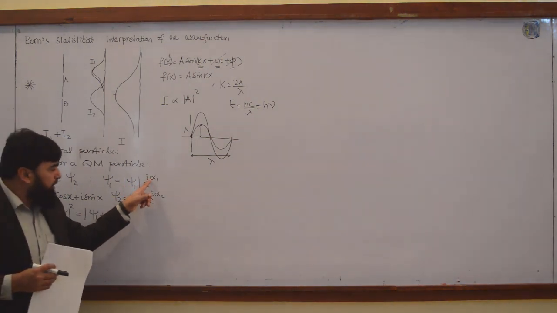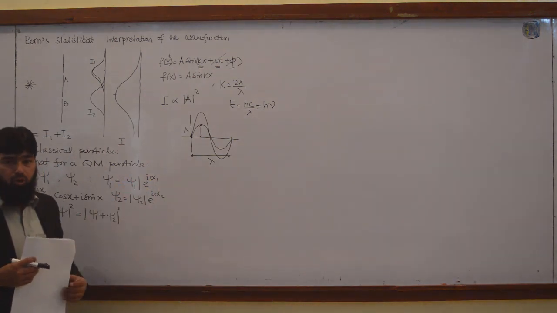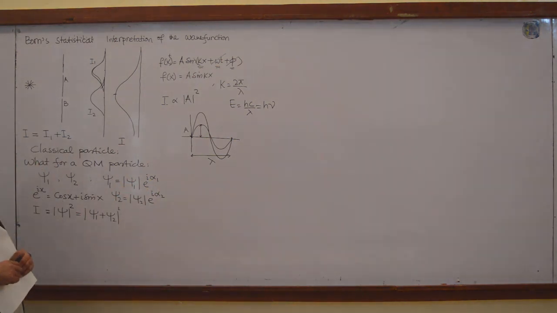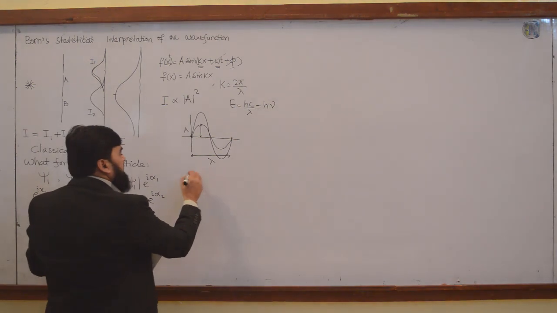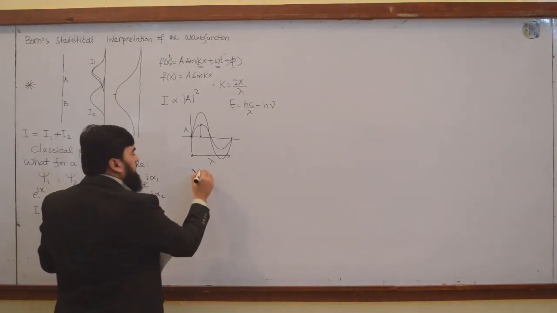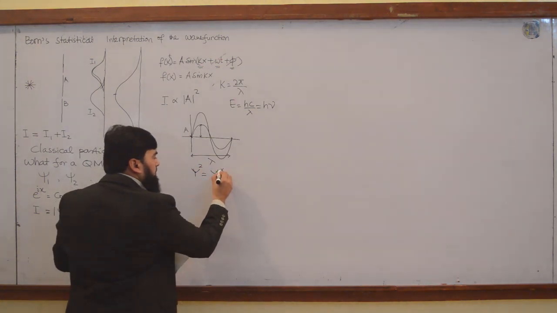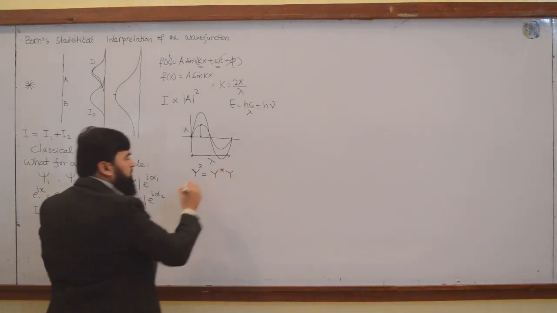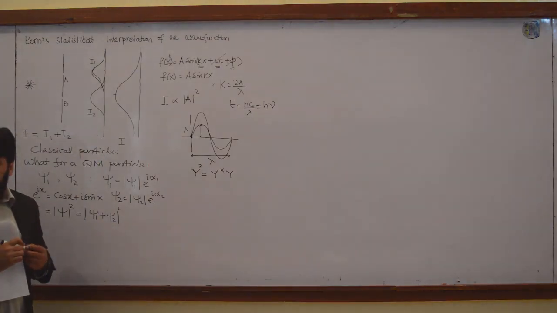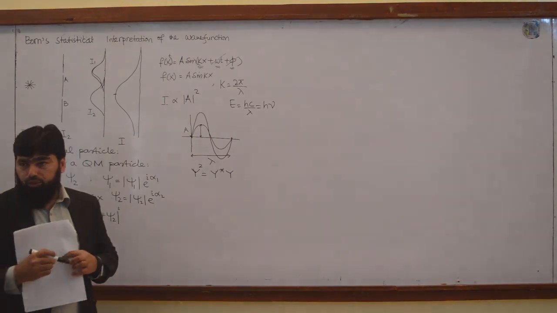Complex number means iota is involved there, an imaginary number is involved there. So how will we write the square of a complex number? You know that if y is a complex number, then the square of y is actually equal to the complex conjugate of it into y. Not like y dot y. You know this fact.